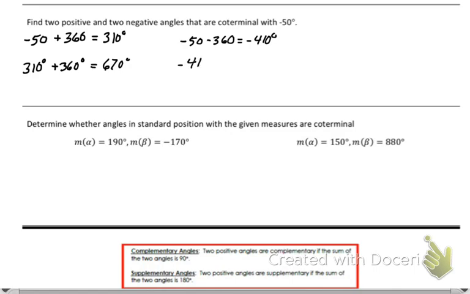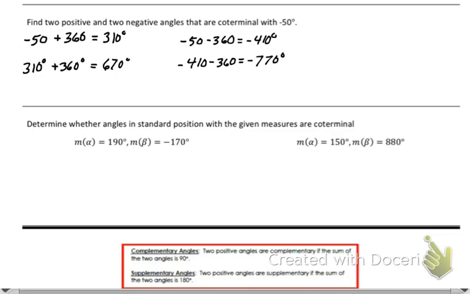And then negative 410 minus 360 is going to equal negative 770 degrees. Now, without plotting these, I know they'll be in the same spot. That terminal end will be on the same spot for all of them.